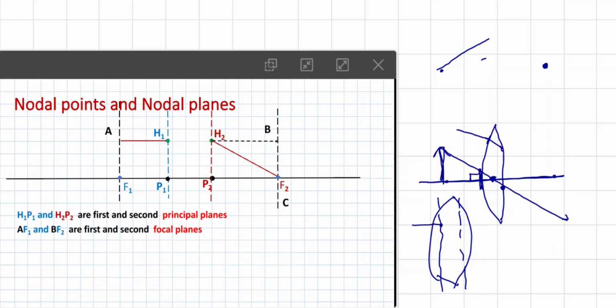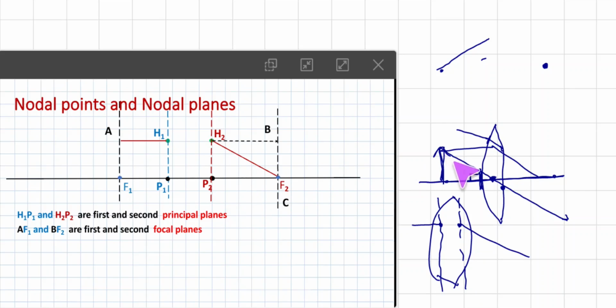When the ray reaches there, there is a corresponding point on this line such that it gives the refraction. Now this ray is parallel to the optical axis, and then it bends. This is the situation we saw: it goes up to the first principal plane, and from the second principal plane it bends.